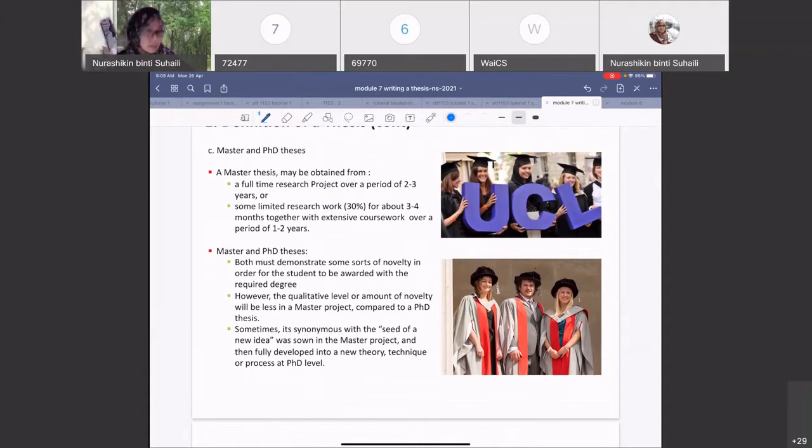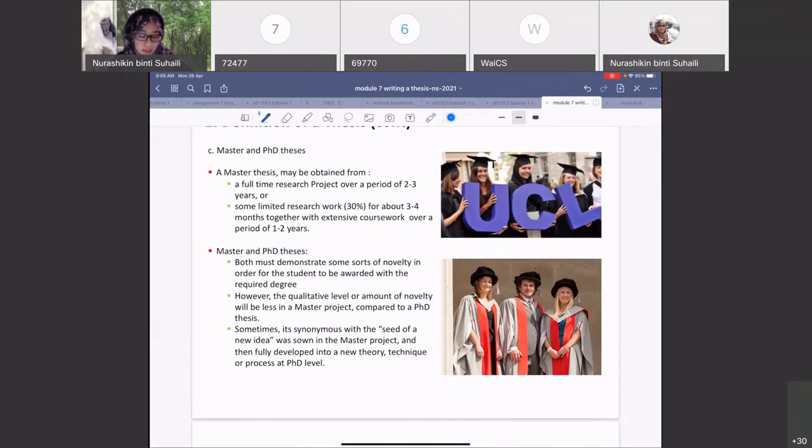So master is the level of the undergrad after bachelor's degree. Okay. So as I said just now, there are two types of master: master by research, master by coursework. Coursework means it's the same like the degree level, whereby you have to take several courses, sit for exam, and then do a small project at the end. Okay.